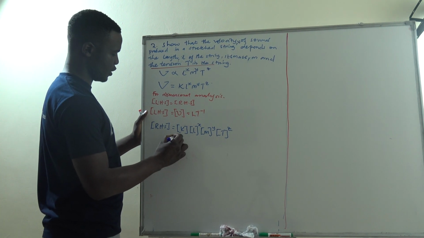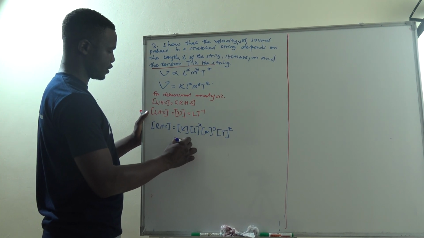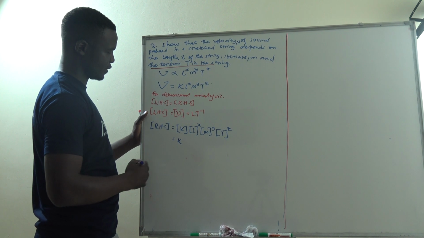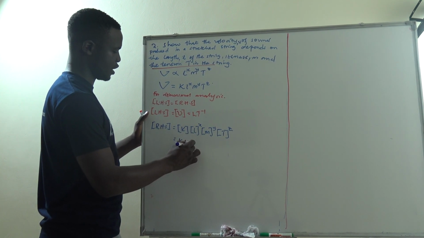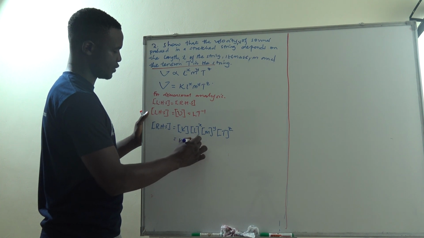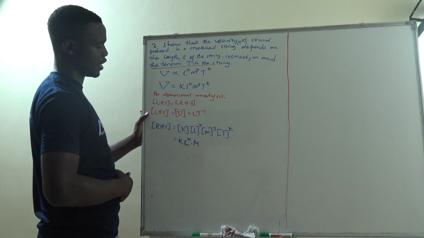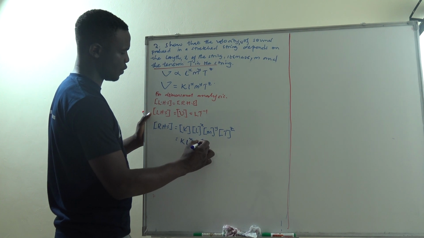Now, if we assume that k is dimensionless, then length has dimension L power x times capital M, the dimensions of mass, power y.